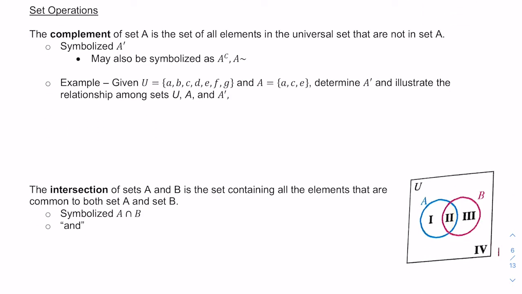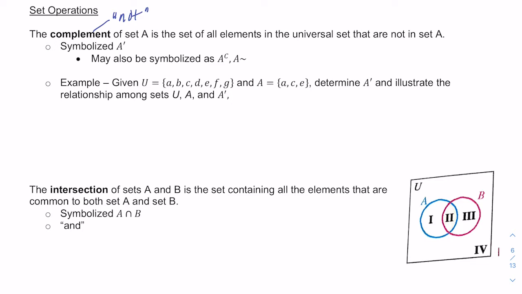Just like with numbers and expressions, there are operations, right? Like adding, subtracting, multiplying, dividing. Sets also have operations. One of the important operations of a set is called a complement. And a complement is just basically "not." So think of it like this.